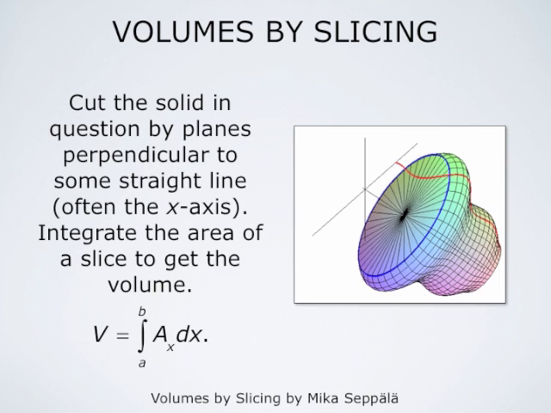One may also slice with planes perpendicular to any given straight line, but then one must integrate with respect to a point or variable that indicates a point on that particular straight line. Now, if the straight line is the x-axis, then the integration is with respect to x. So the volume of this solid is the integral from a to b of the area of a slice, dx. Very useful formula.